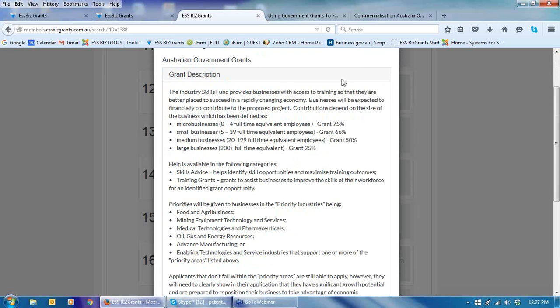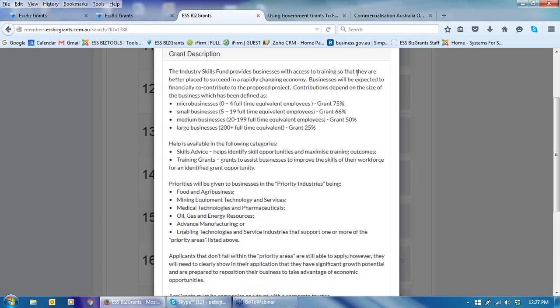It's a grant that supplies different percentages of grant depending on the number of employees. So they're summarised on the screen there now. Micro businesses up to 4 FT, full-time equivalent employees, the grant's 75%. Small businesses up to 19.